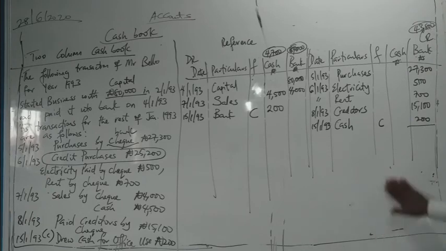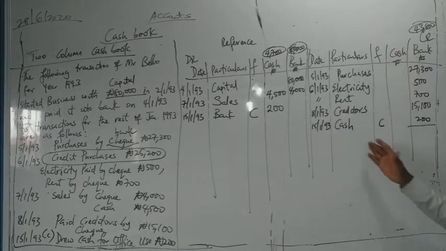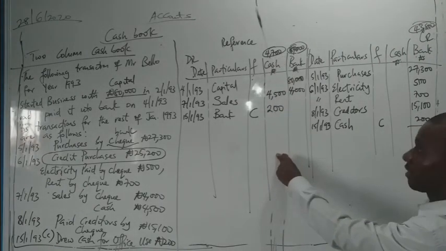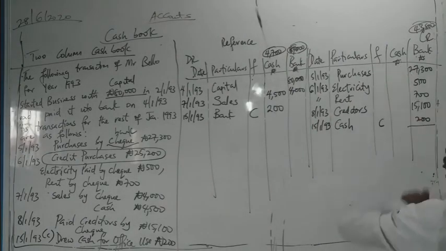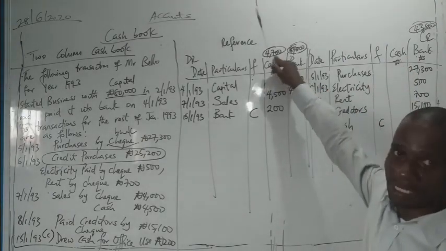Now, this entry, why all these things? To give us a view of where the closing balance will be. Looking at it, here on the cash column, we have 4,700. Here on the cash column, we have nothing. So that means our closing balance for the cash is a debit.